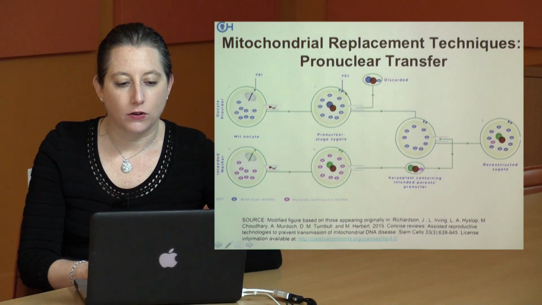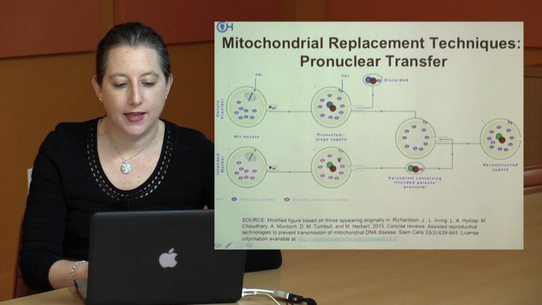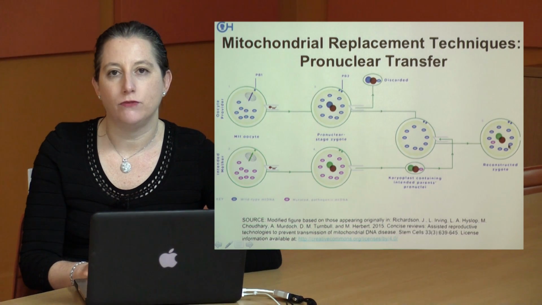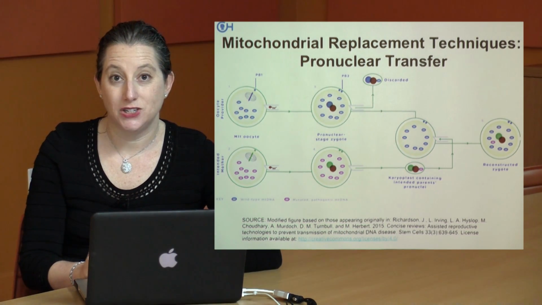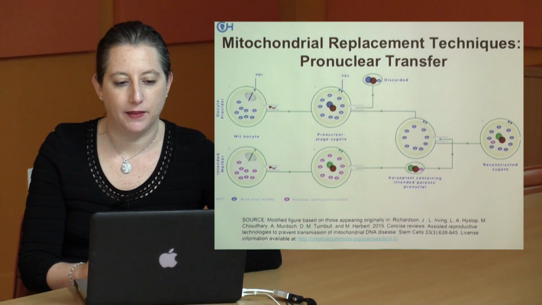So after you fertilize the oocyte provider or donor's egg, and the intended mother's egg, it's at this point that you take out the pronucleus and discard it from the donor, salvage it from the intended parents, fuse it, and then make a reconstructed zygote. So a very similar technique, one stage difference in when you actually do the manipulation.